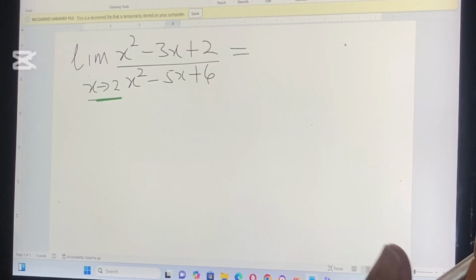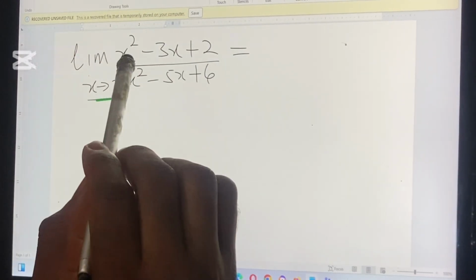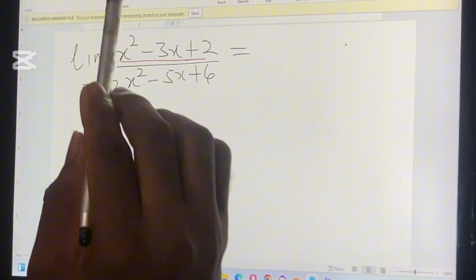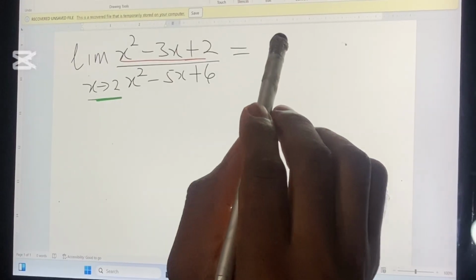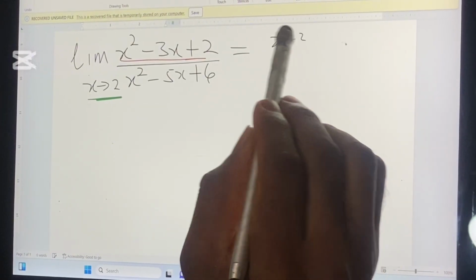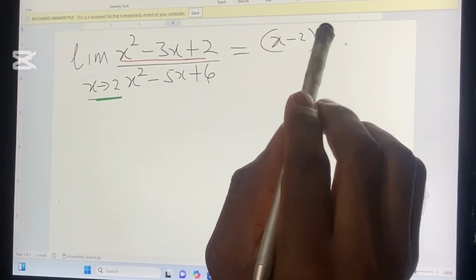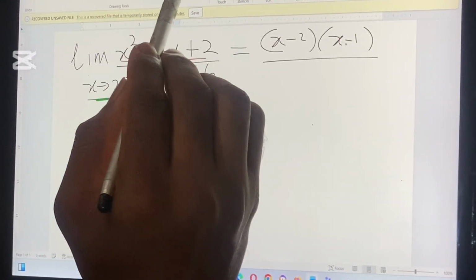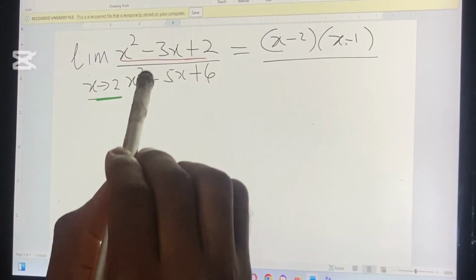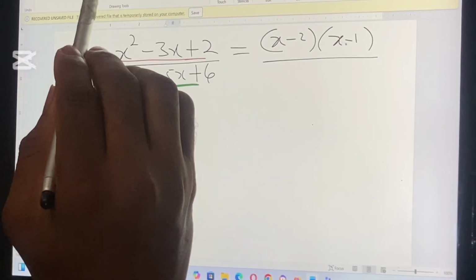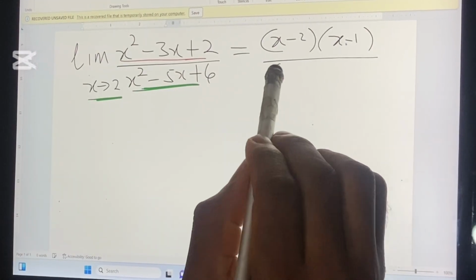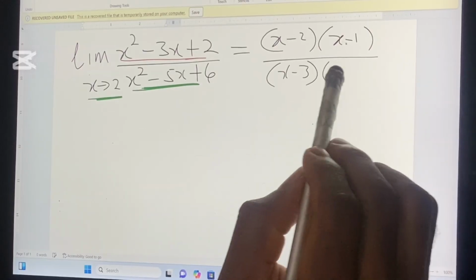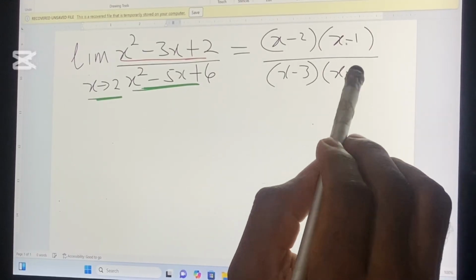Please take note. So when you factor the numerator here, we got s minus 2 into s minus 1. Okay, the same thing here. When you factor the denominator here, we got s minus 3 into s minus 2.